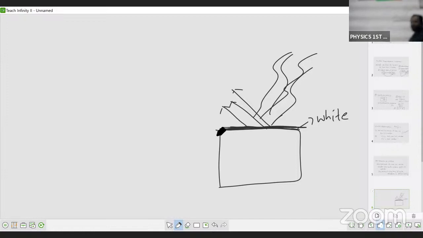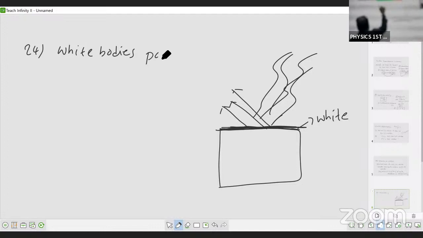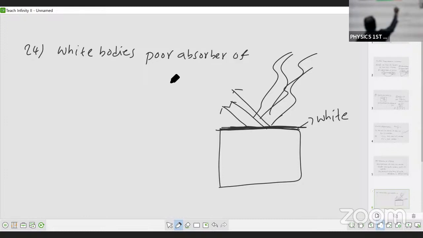That's why white bodies are poor absorbers and poor emitters. White bodies act as reflectors. The answer we are now writing: poor absorber, it acts as a reflector.